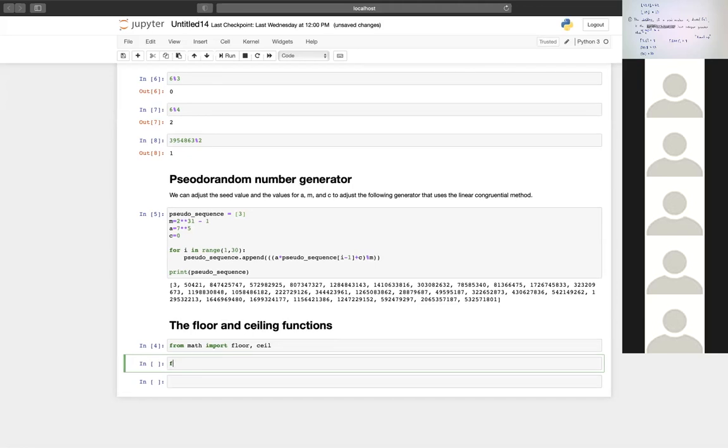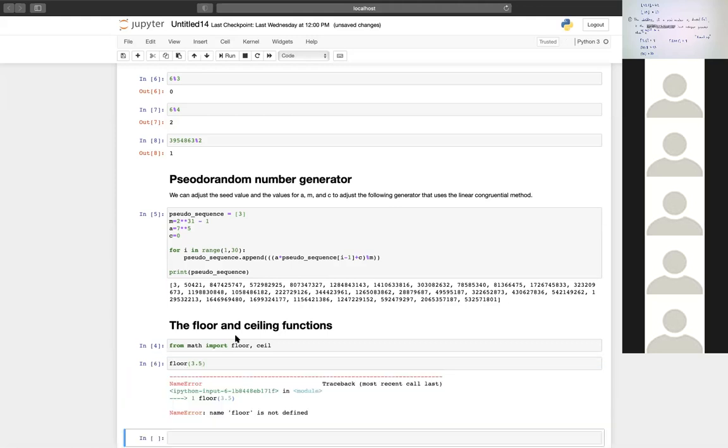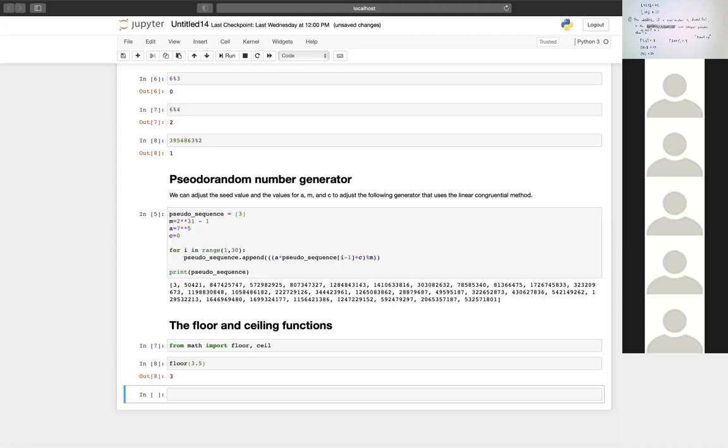But if I take the floor, which is my function, and then I plug in maybe one of the numbers that we've done, 3.5, this should take us to the nearest integer below that, which would be 3. Oops. I need to hit Shift Enter. And I need to actually run this cell. Okay, there we go.